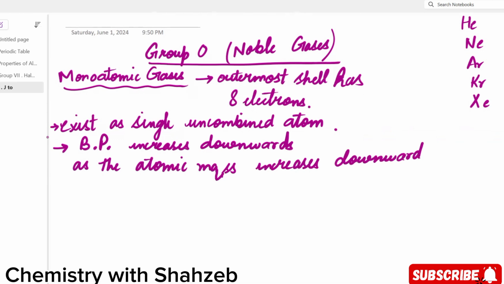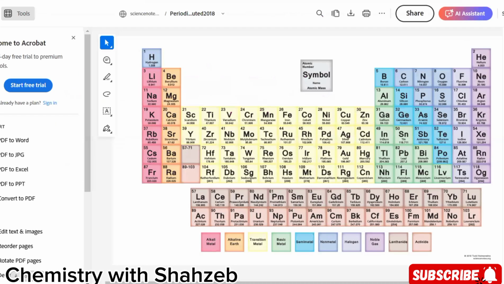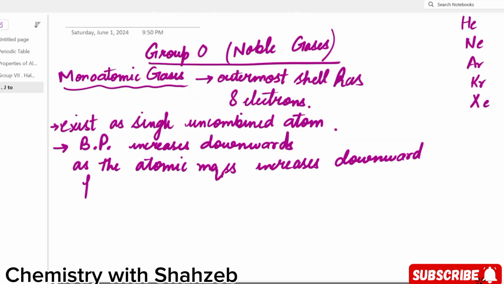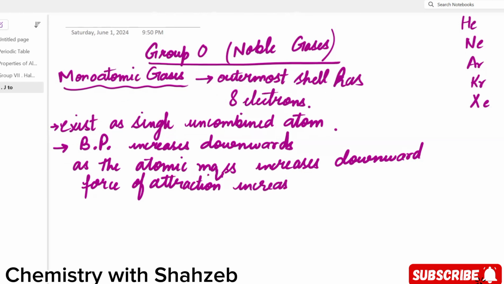So if atomic mass increases downward, then the force of attraction would also increase. Then the force of attraction increases, okay?